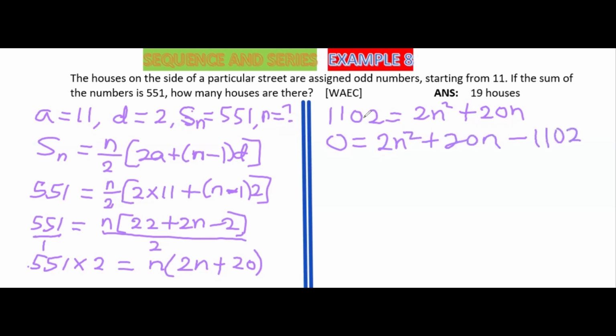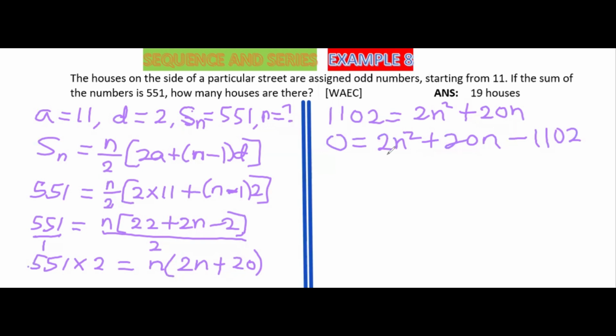In every equation, if there's a particular number or letter that can divide through so as to reduce the equation, it is to our own benefit. But if you don't want to do so, we are good to go. We can solve this equation directly like this. But since 2 can go through, let us divide all through by 2.